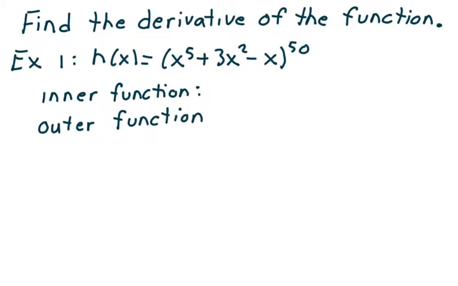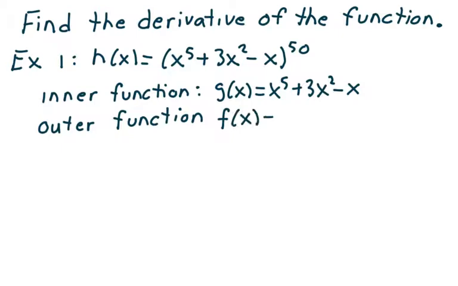The inner function is g of x is equal to x to the 5th plus 3x squared minus x. The outer function is f of x is x to the 50th.